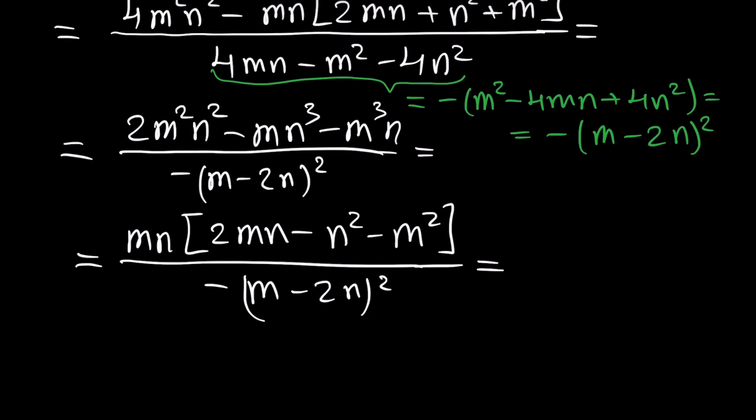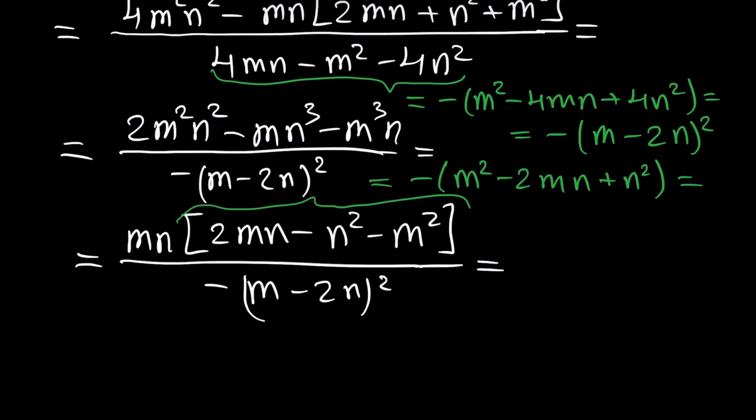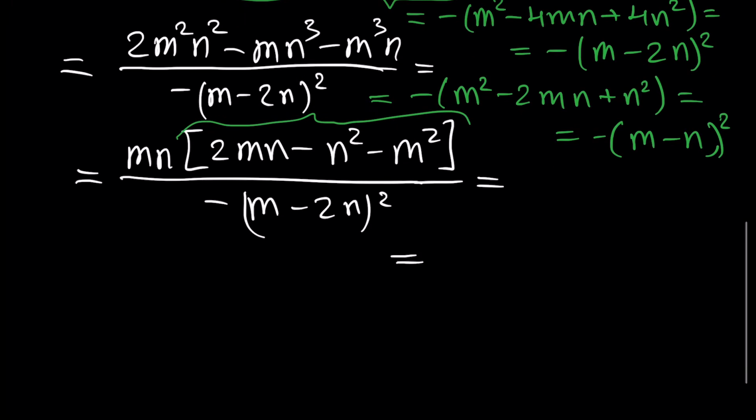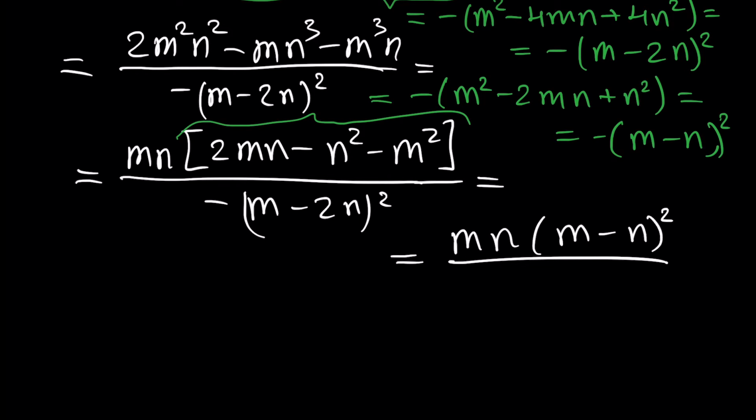And here, of course, this part can be written as minus m squared minus 2mn plus n squared, which is minus (m minus n) squared. And all in all, it can be written as mn times (m minus n) squared divided by (m minus 2n) squared.